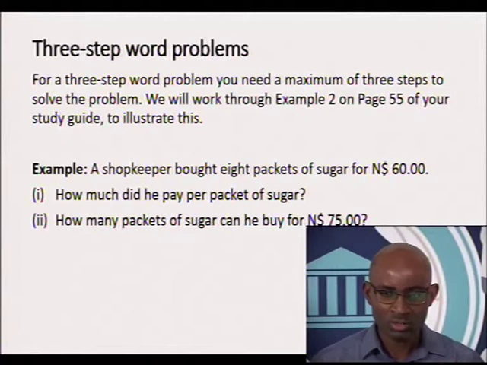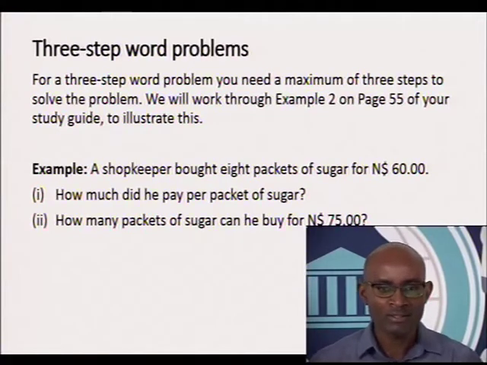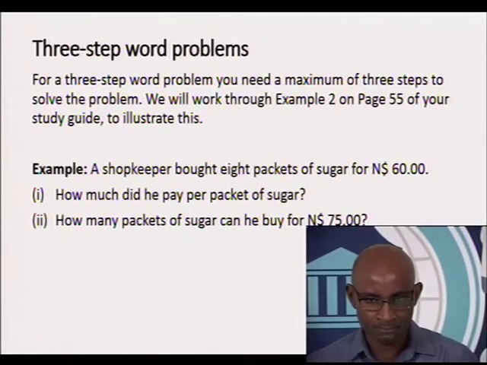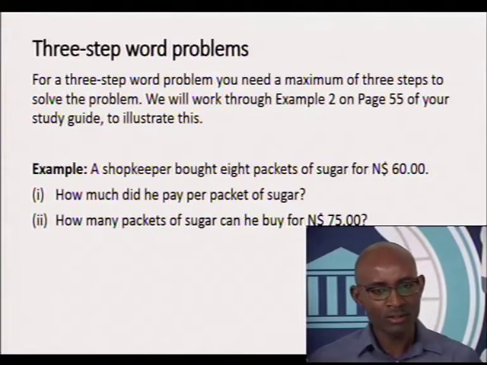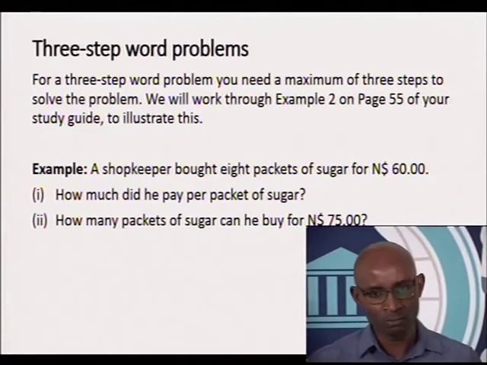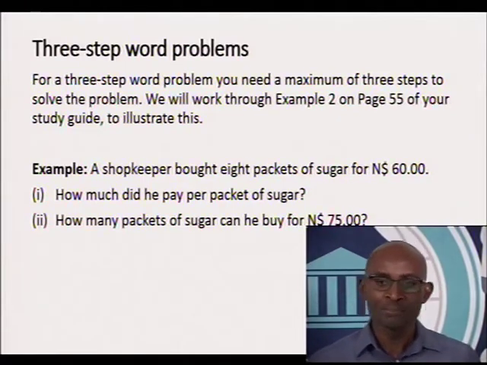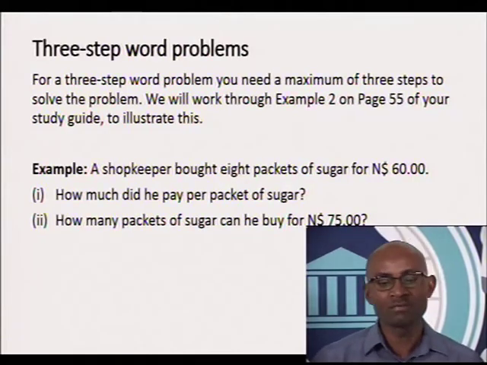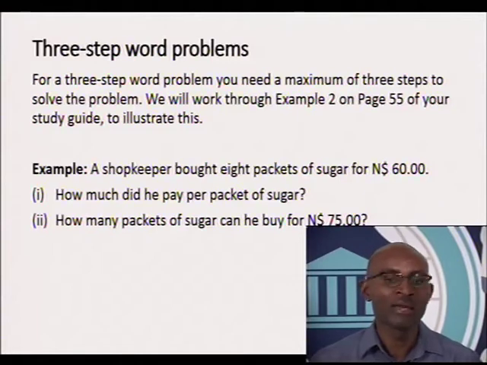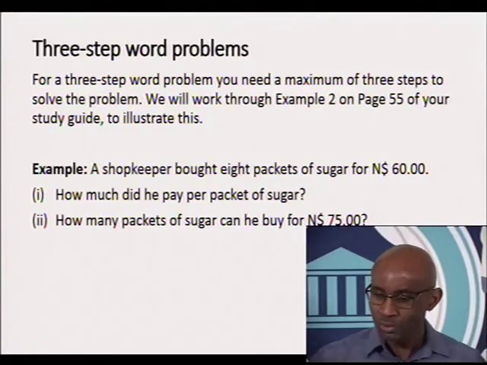So what this question is asking is, how much does 1 packet of sugar cost if 8 packets of sugar cost 60? Okay, and the second one is, how many packets of sugar can he buy for 75? Which means if you can buy 8 packets of sugar for 60, if you rather have 75 Namibian dollars, how many packets of sugar will you be able to buy, given that they still have the same price?